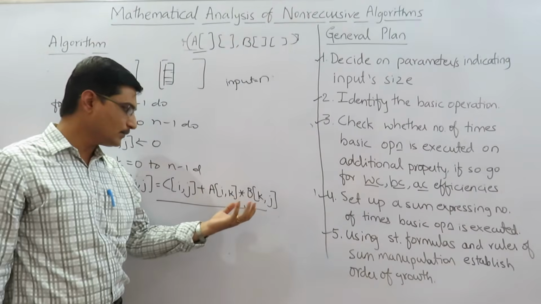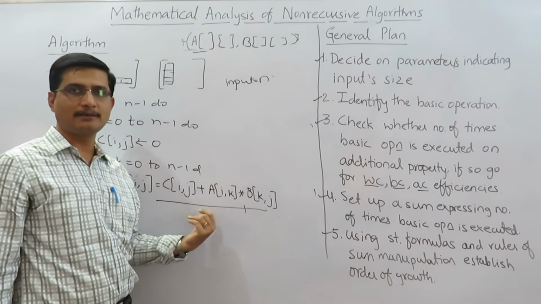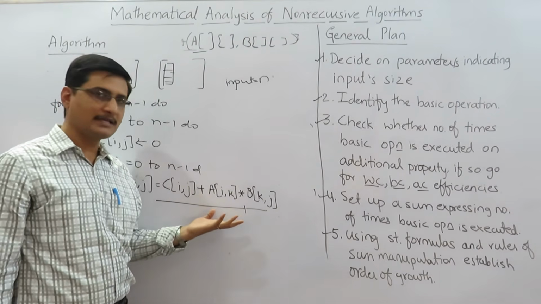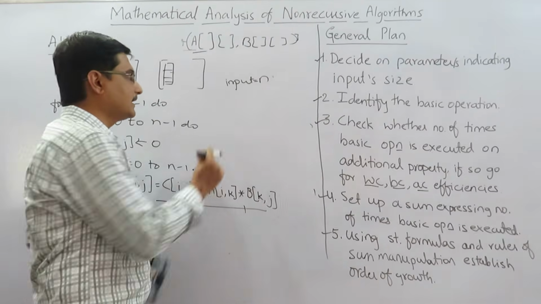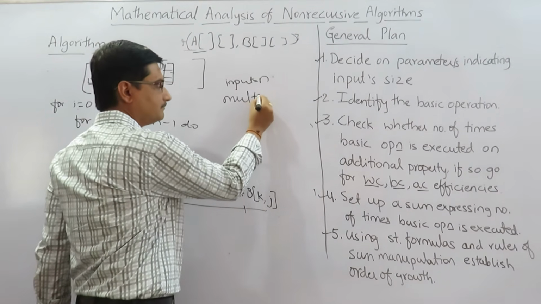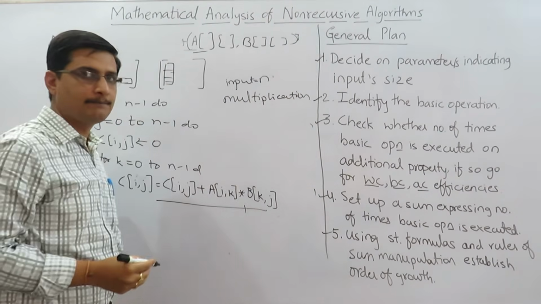Once we get one sum for either operation, we can multiply it by 2, which will give us the total count for the basic operation. So initially we are considering multiplication as the basic operation.